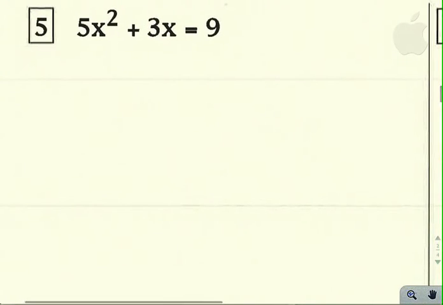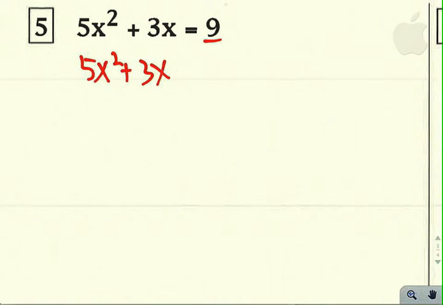Okay, number 5. 5x squared plus 3x equals 9. You've got to move the 9 over. So 5x squared plus 3x minus 9 equals 0.